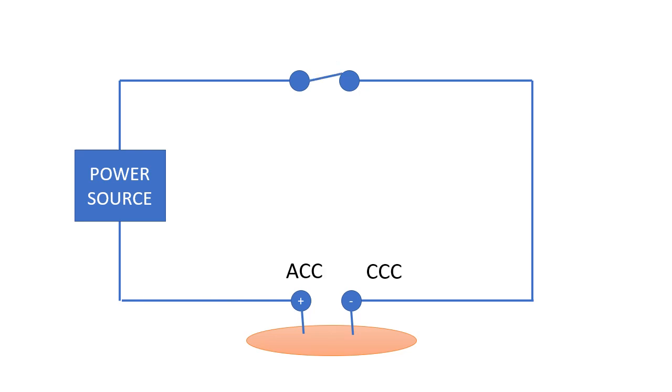Here the switch is on, the circuit is closed, and the response generated through the cathode is denoted as CCC, cathode closing current, and the response generated through the anode is denoted as ACC, anode closing current.